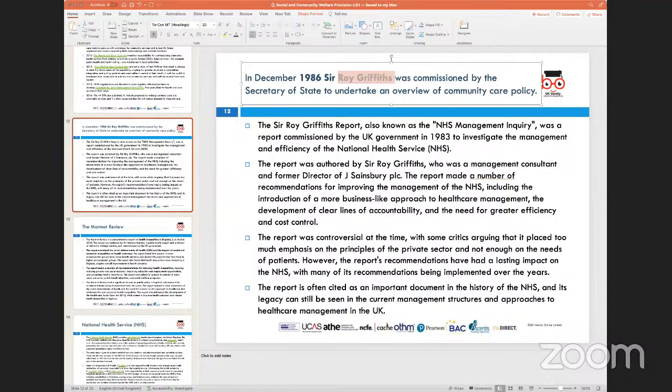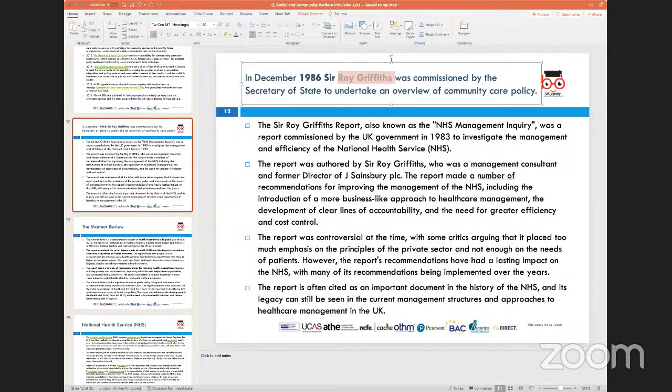The report was published in 1988, which made recommendations as a third party and suggested to the government the changes that need to be done in order to ensure that community care is brought to the forefront within the NHS in order to provide services to the members of public. So this particular bit was quite important.